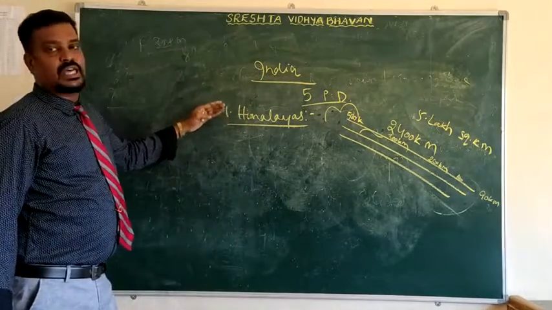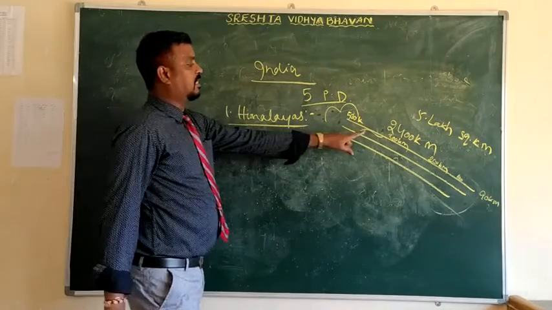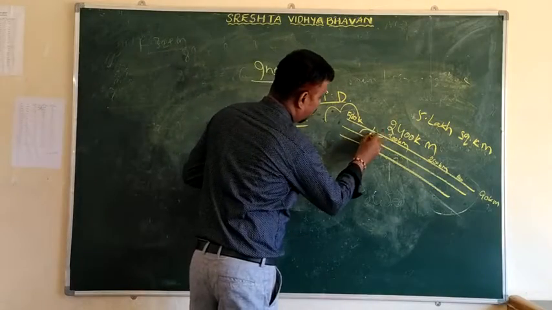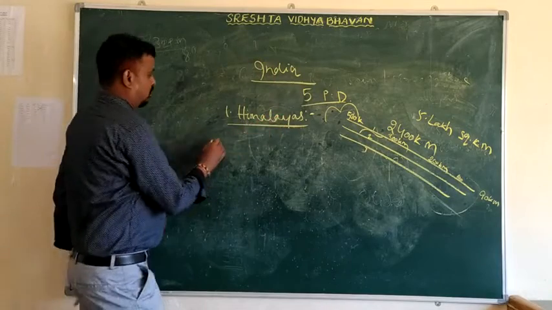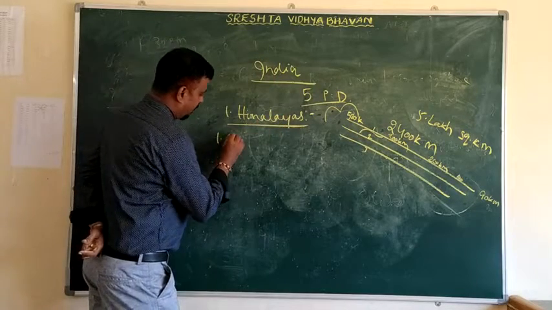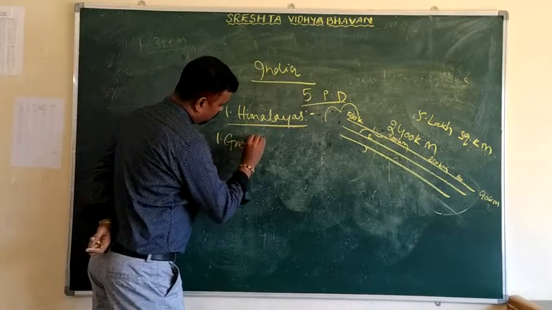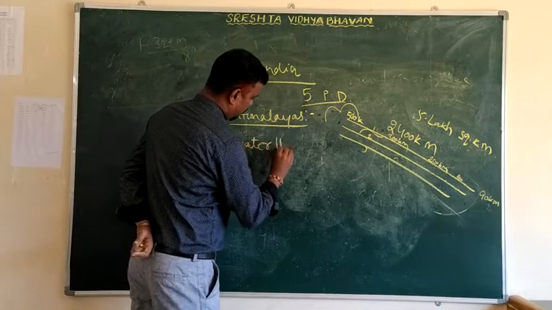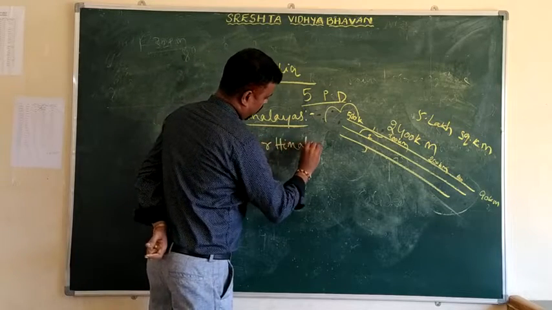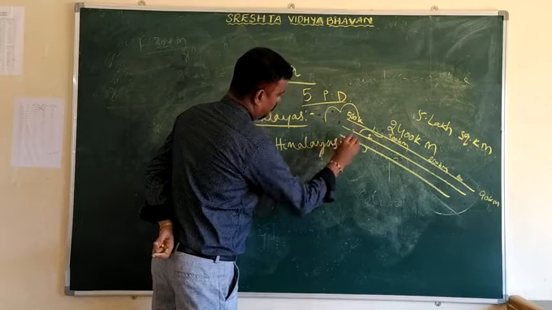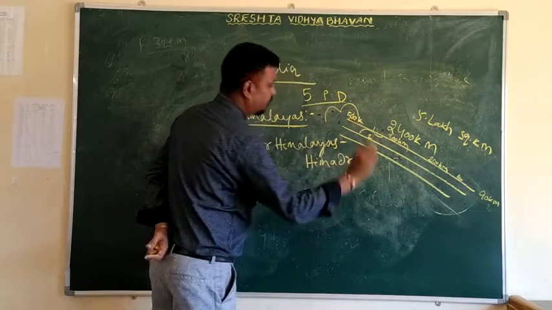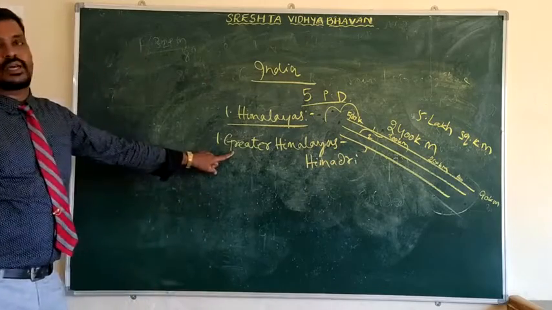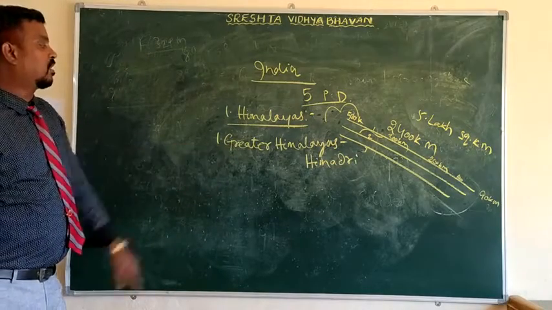Again, the Himalayas are divided into three ranges. The number one is the Greater Himalayas, or Himadri.